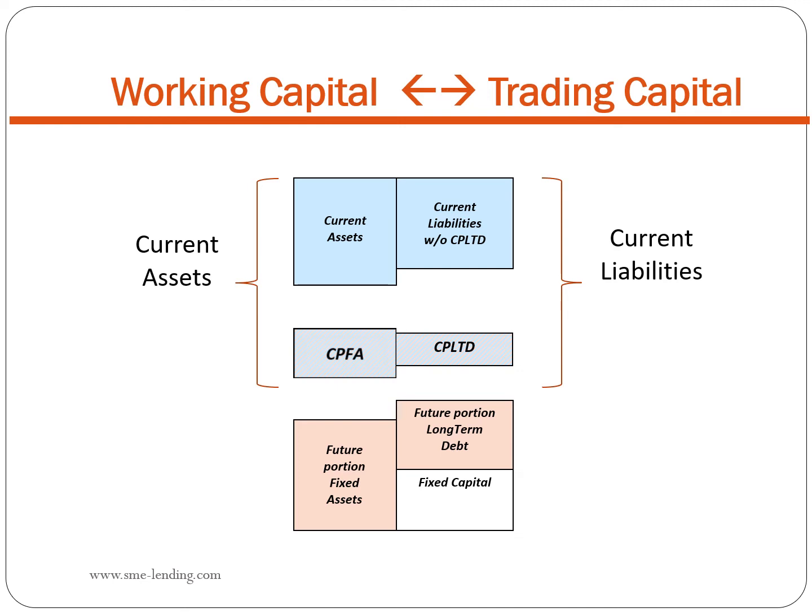Let's give this subset of accounts a new name: trading assets. Similarly, removing the current portion of long-term debt leaves only liabilities due in their entirety every year, such as accounts payable and short-term bank debt. Let's call them trading liabilities. And if we subtract trading liabilities from trading assets, we get a new concept of liquidity: trading capital.